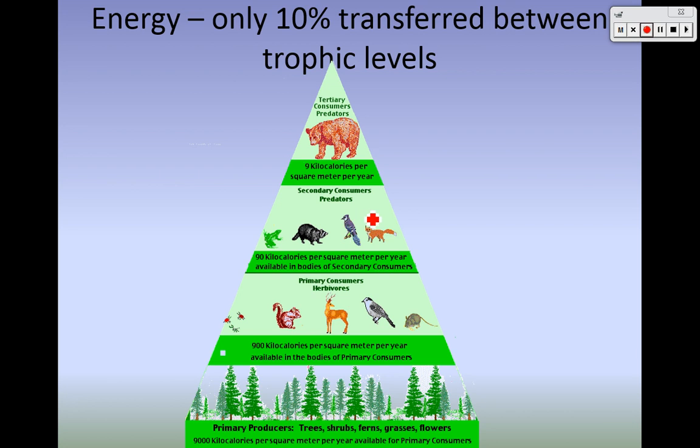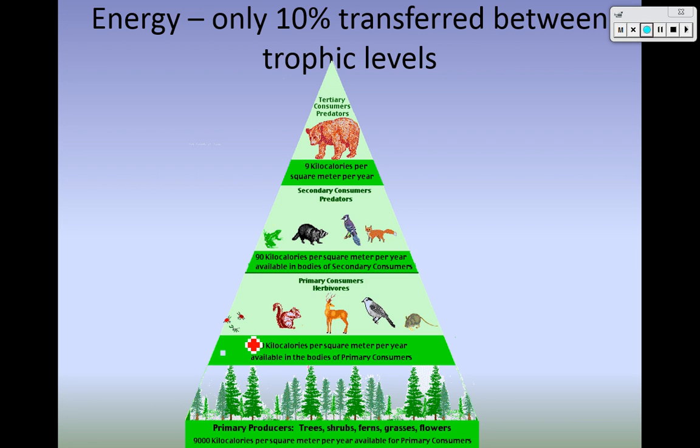So what that means is, however much energy is here at the secondary consumer level, only about 10% of it gets transferred up here, which is why you have fewer organisms the higher up you go. In other words, you need 90% more primary producers to sustain a certain amount of primary consumers.